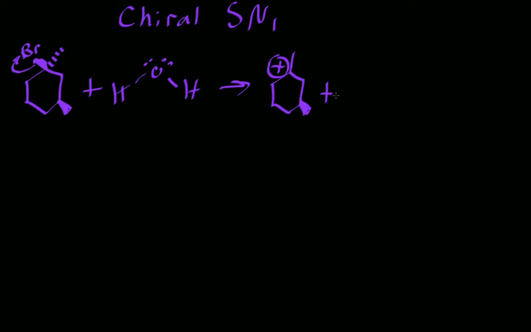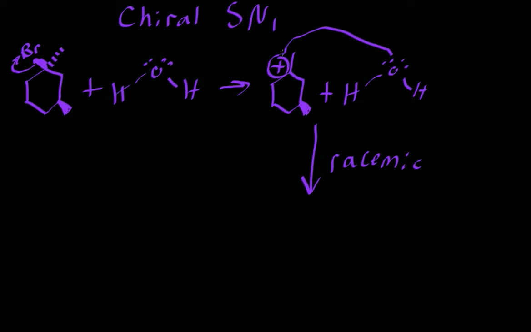Okay, now what do we do? Well, our electrophile is attacked by our nucleophile, which is water. Now, what did I say that was so important about sp2 hybridization? Well, we can attack from either the top or from the bottom, so that will give us a racemic mixture. So we'll have a racemic mixture when this molecule attacks from the top and then attacks from the bottom.